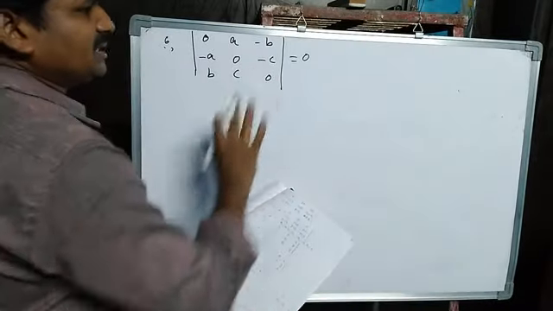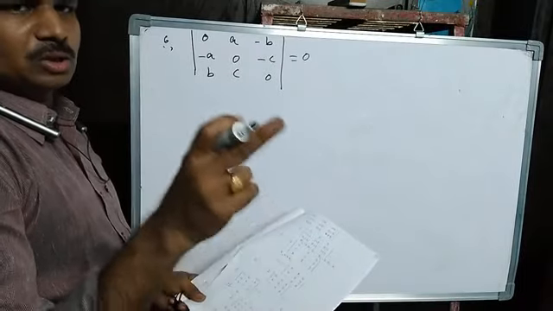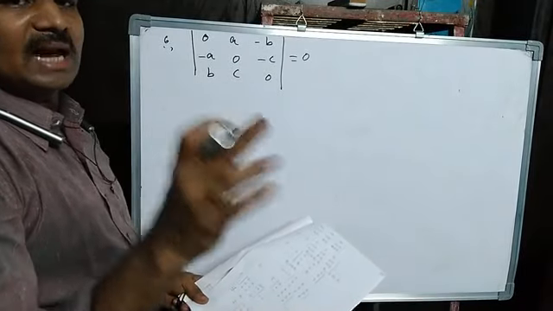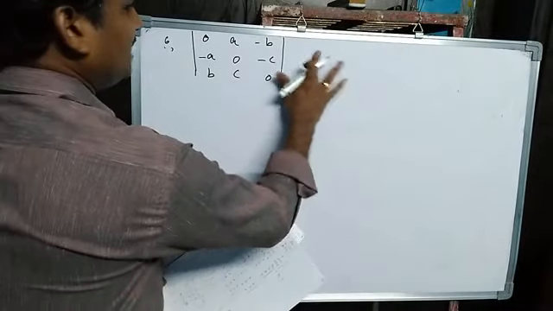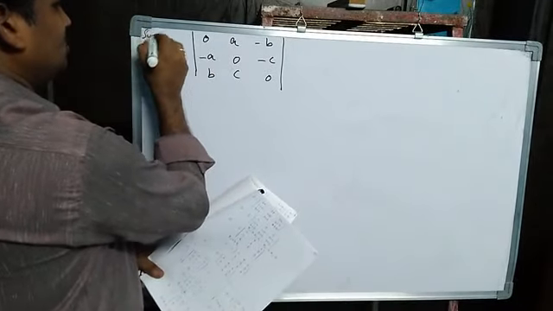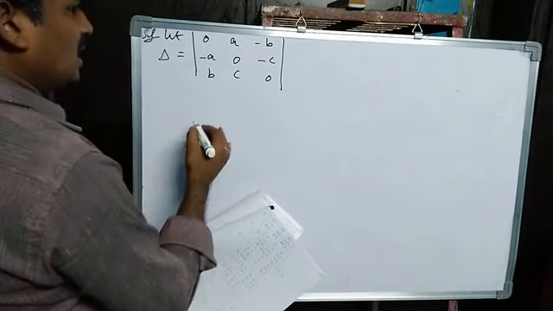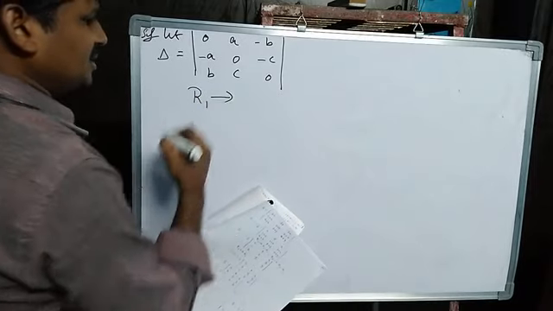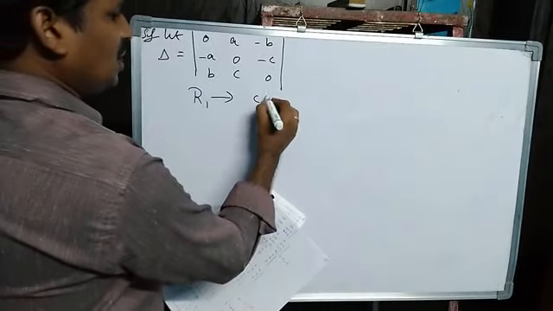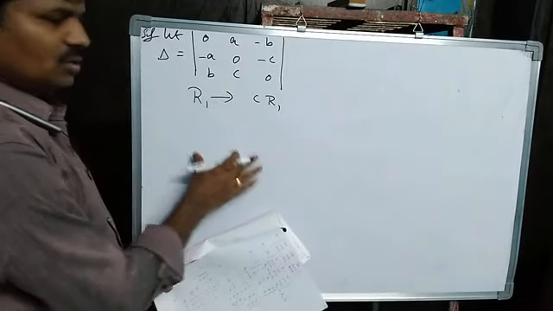To prove this determinant is equal to 0, I am going to use some operations to make two rows identical. Let delta equal to this determinant. Now which operation am I going to apply? After solving this one only you can understand this question.